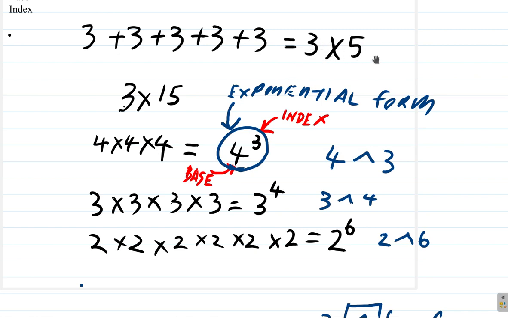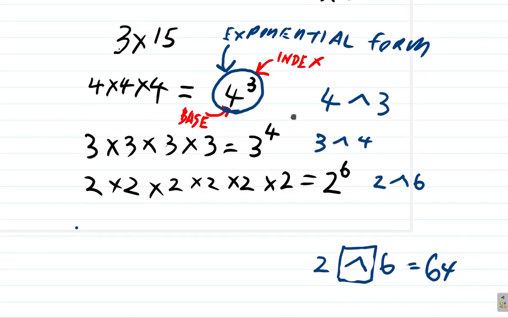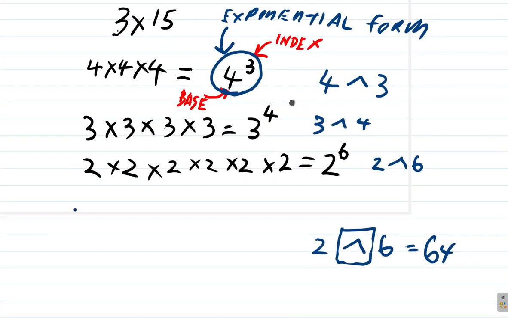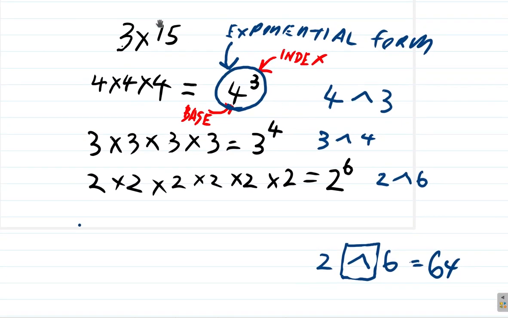So you say 3 times 5. 3 multiplied by 5. You know that would give you 15. Now, if we say 3 times 15, that will give you what? I just say 15 3s is 45. No, 3 by 15 is 45. 15 by 3 is 45.